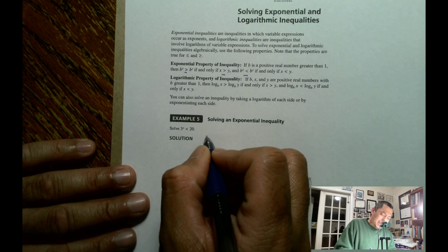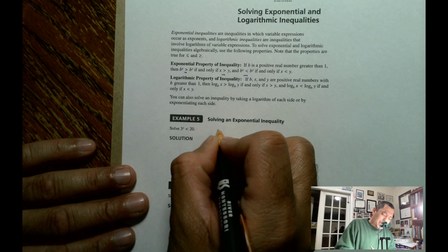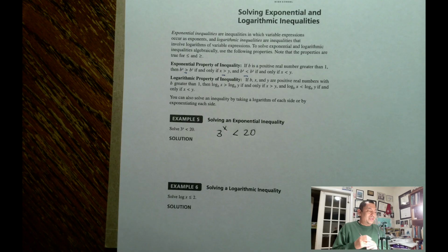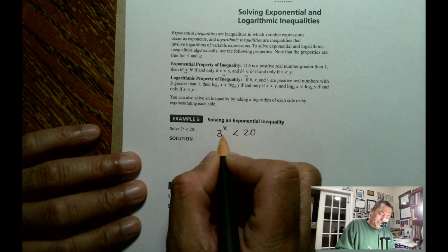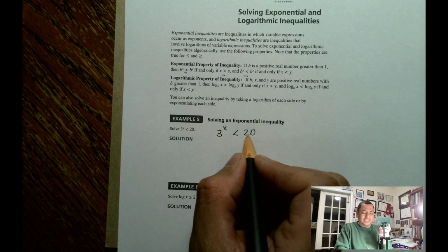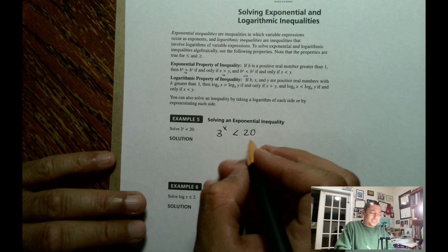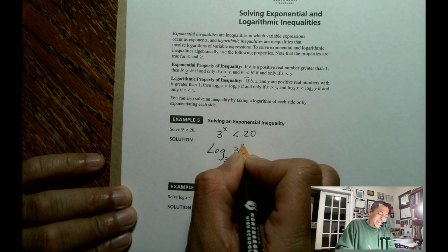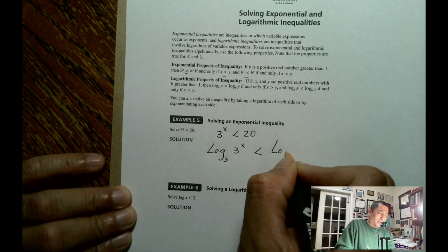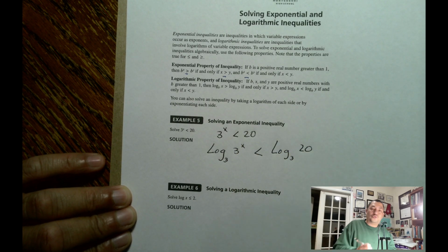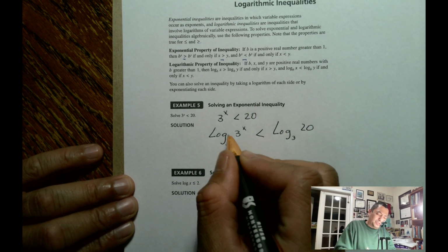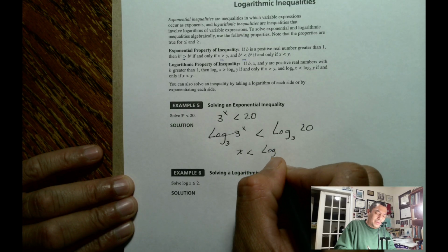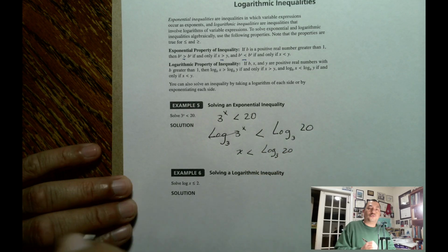So for example, I have 3 to the x is less than 20. What can I do? In this case, because I cannot transform 20 as a base 3, what I'm going to do is log base 3 of 3 to the x is less than log base 3 of 20. So what I'm going to have is x is less than log base 3 of 20.